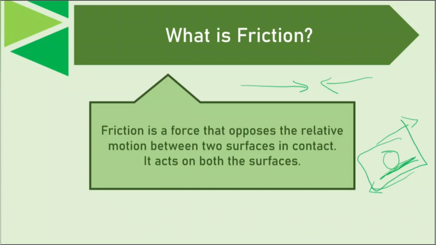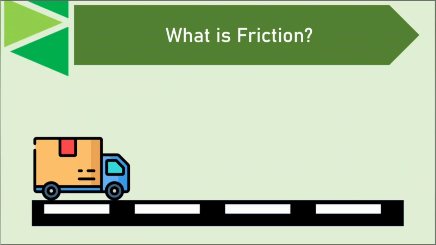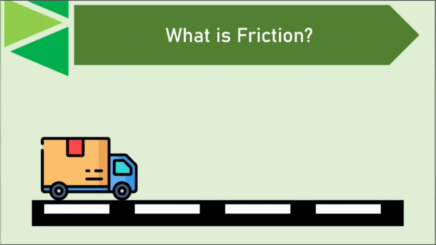So again, if we look at this system, the frictional force will act also on this surface, the below one, and it will also act on the object, okay? Now let's move ahead and see an example. It's similar to what I just explained with annotations in the previous slide. So let's have a look at this simple motion of a truck traveling on a road.